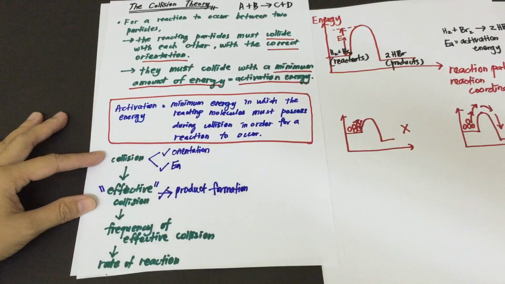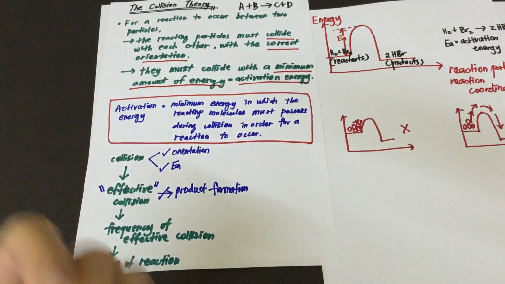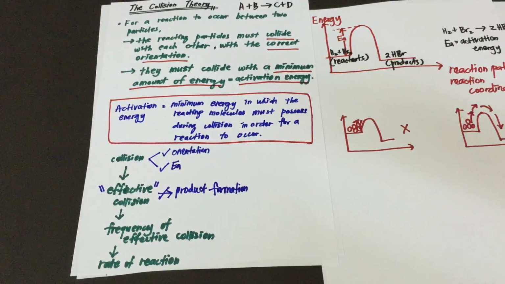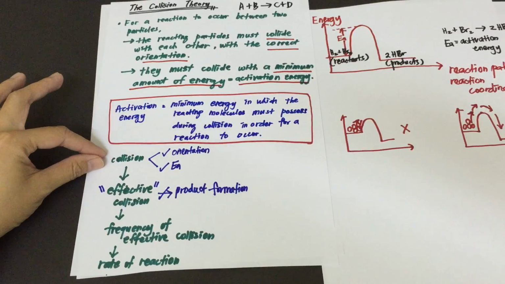We know that higher temperature will lead to a higher rate of reaction. That means at higher temperature, the molecules will absorb more energy, or the kinetic energy of the reacting particles increases. When the kinetic energy of the reacting particles increases, the collision will increase as well.